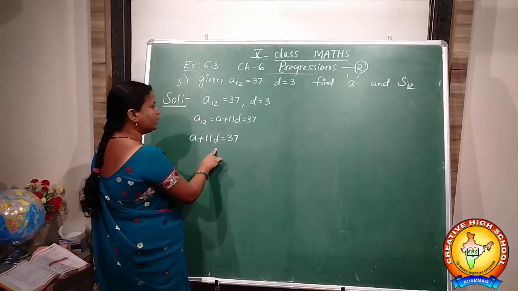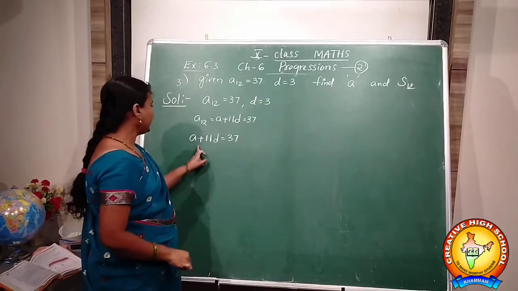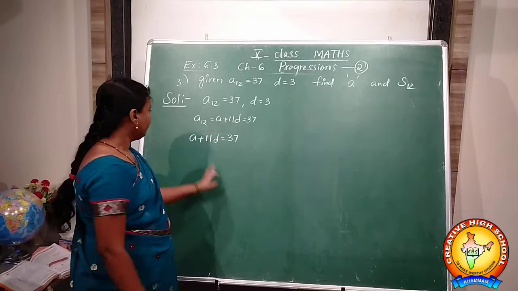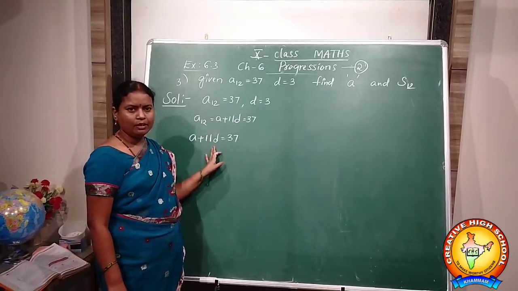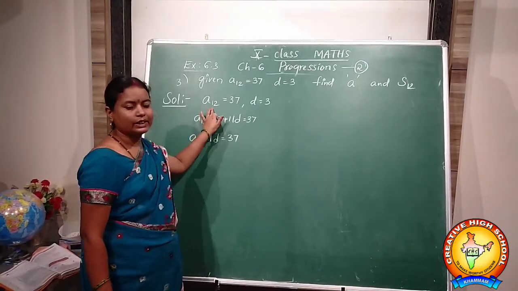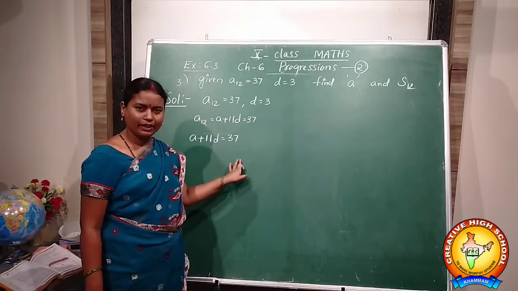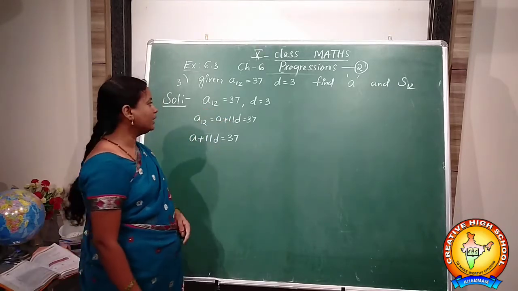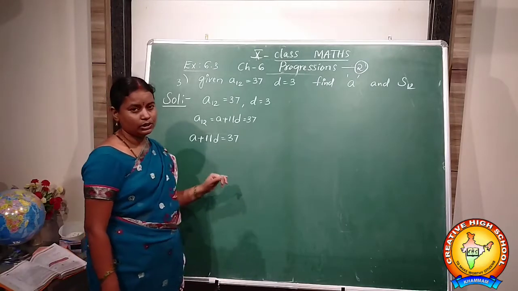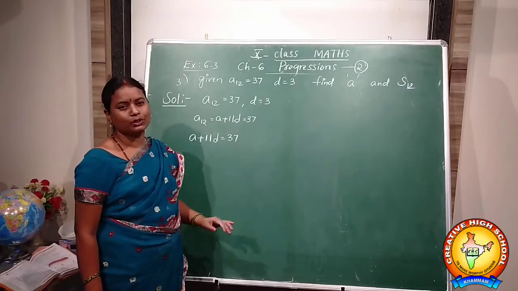If we substitute the d value in this a plus 11d formula, why are we writing a plus 11d? Because the 12th term in the AP series formula is a plus 11d. And also here you remember that the n value is also given, the n value is nothing but 12 only.